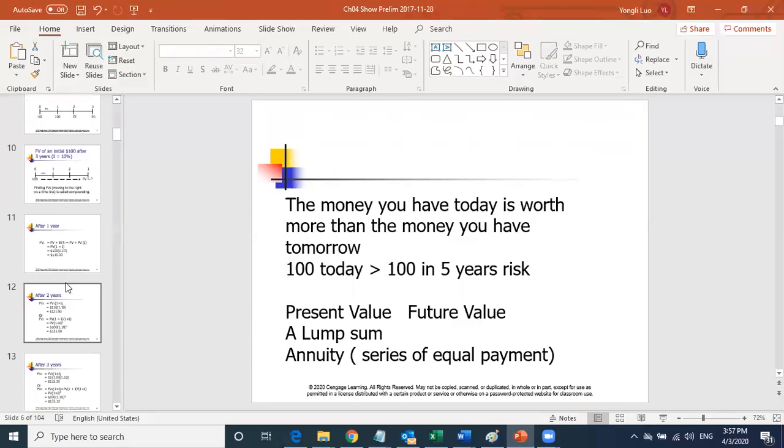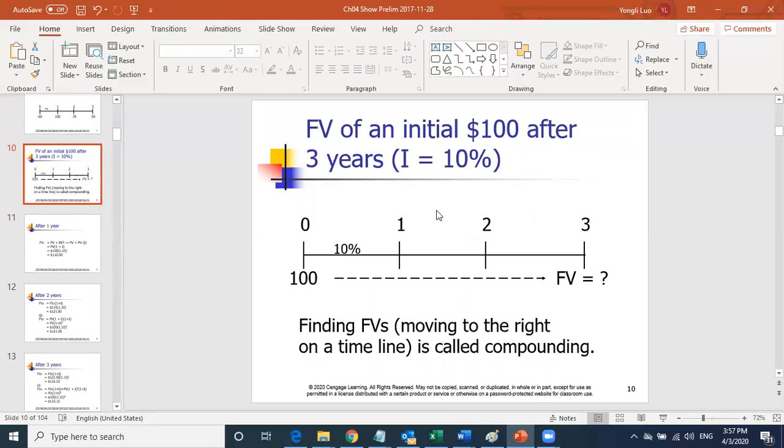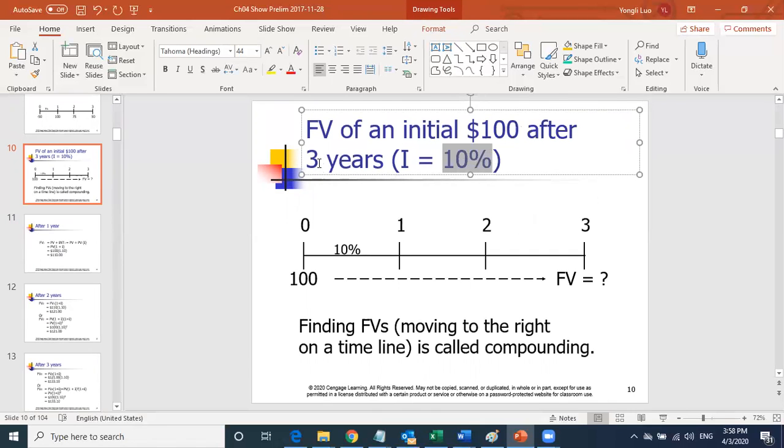Okay. Today we have the question that, okay, if you have $100 today, and if the interest rate is 10%, how much money will you have in 3 years?